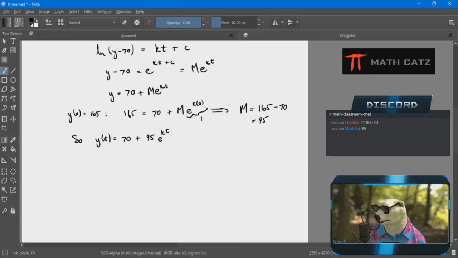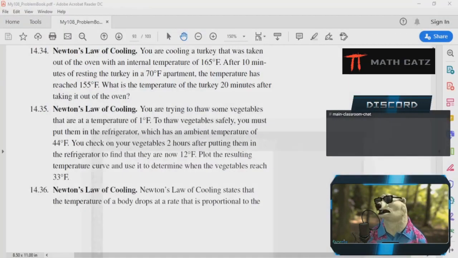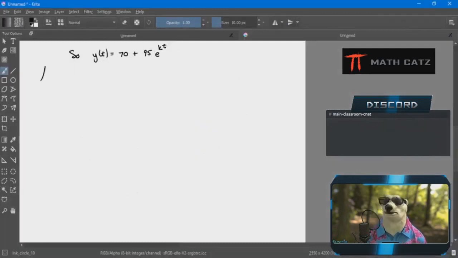So let's have a look. I don't know my quote-unquote decay constant. Let's just see it at the top here. But they do tell me something. They tell me that after 10 minutes, the temperature has reached 155. So let's write that here. After 10 minutes, so that means t is 10, we have y equal to 155.